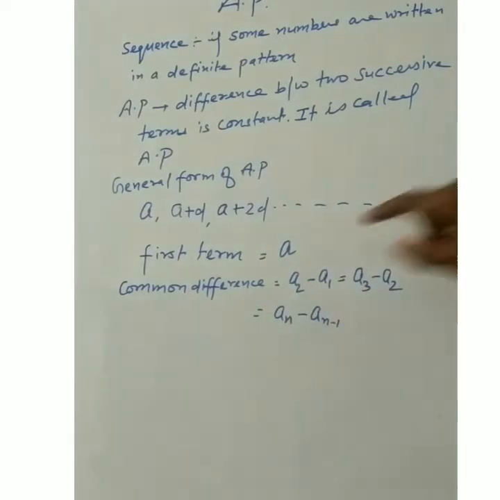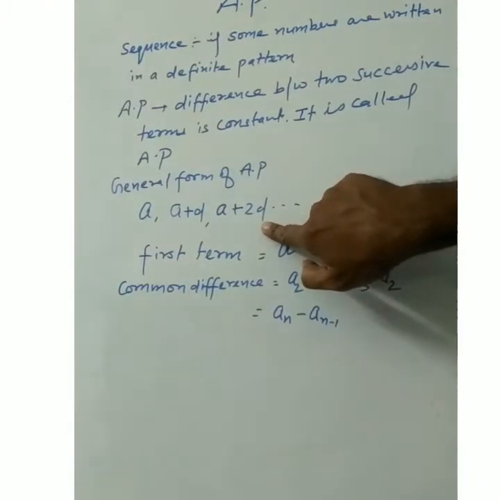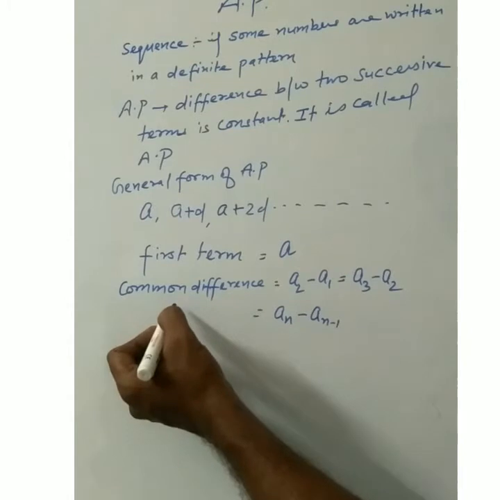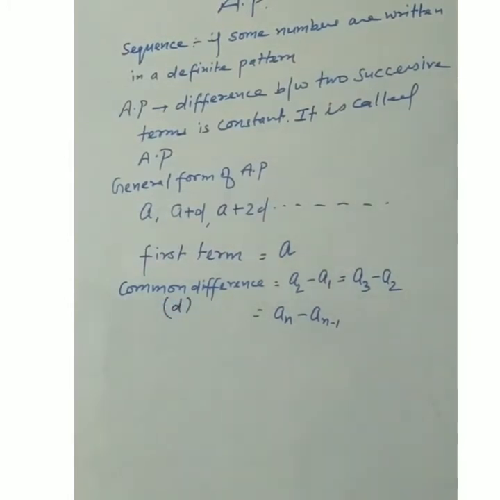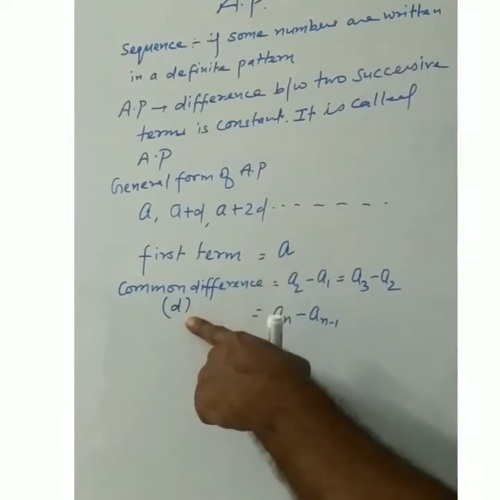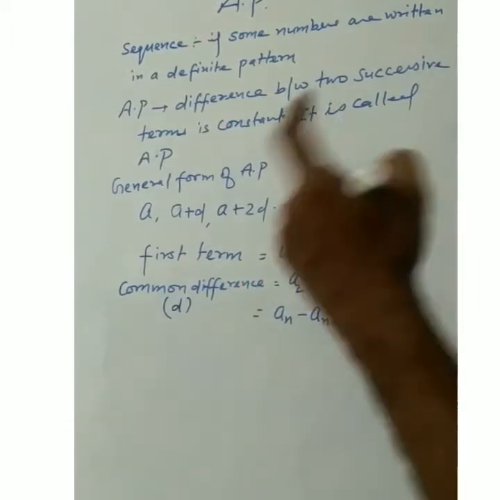Means we take a term and subtract the term just before it, which is known as common difference D. Common difference is denoted by D, and the first term is denoted by A.